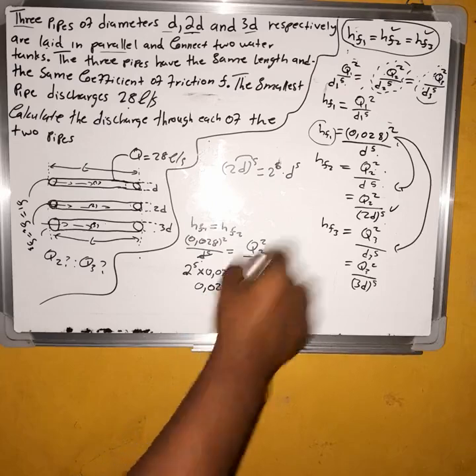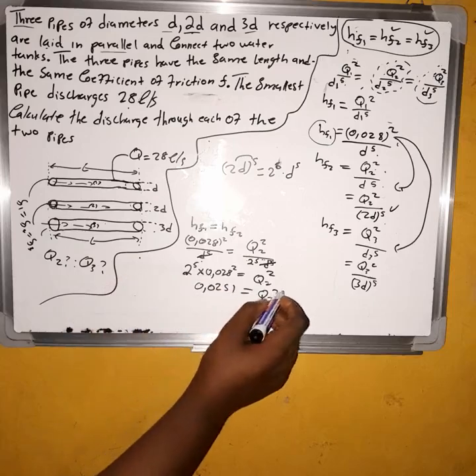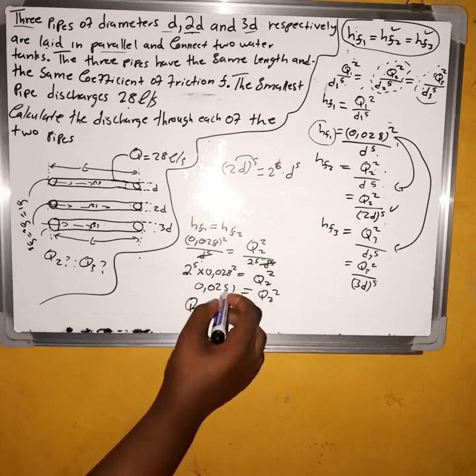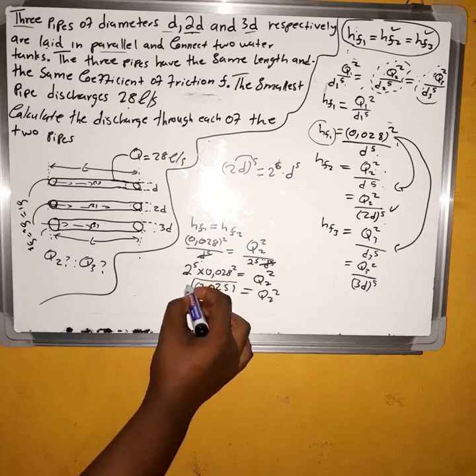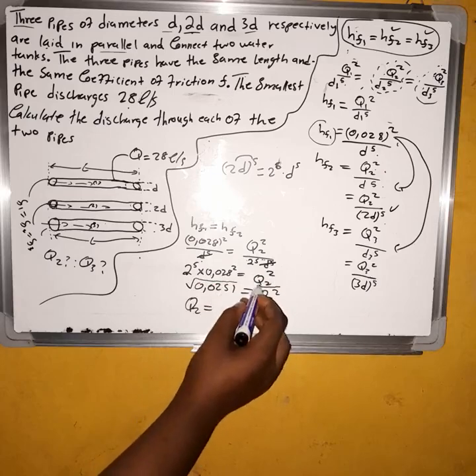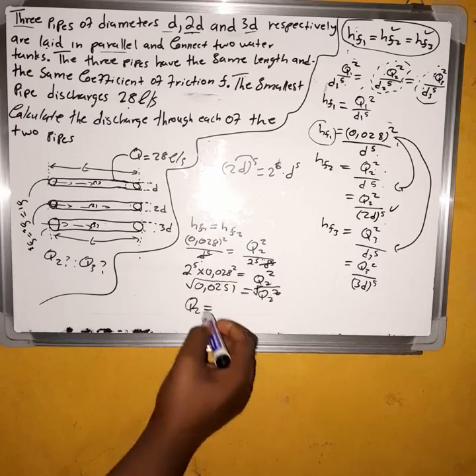That equals Q2 squared. Take the square root of both sides. The square root will cancel with the squared.